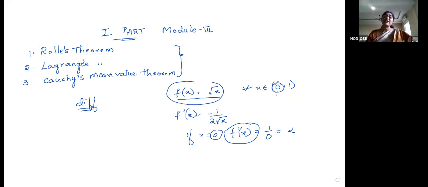Suppose I change my interval from 0 to 1 to the interval 1 comma 2. See, between 1 comma 2, whatever point you substitute in the function, you are going to get a finite value, isn't it? Root of 1 is a finite value, root of 1.1 is a finite value, so on and so forth.